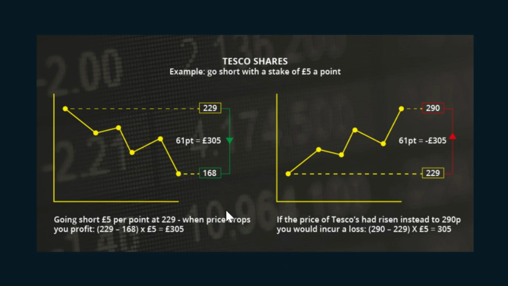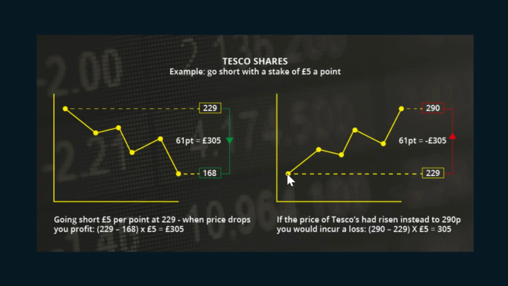So that's £305 made from a 61 point movement, as opposed to buying shares where you only make money off a percentage change. This is nominal change times per point movement. But I'll go into this further later in another slide.